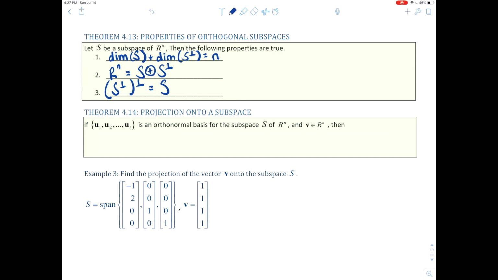Now, projection onto a subspace. So we've done the orthogonal projection of one vector onto another. And now this one here is projection onto a subspace.